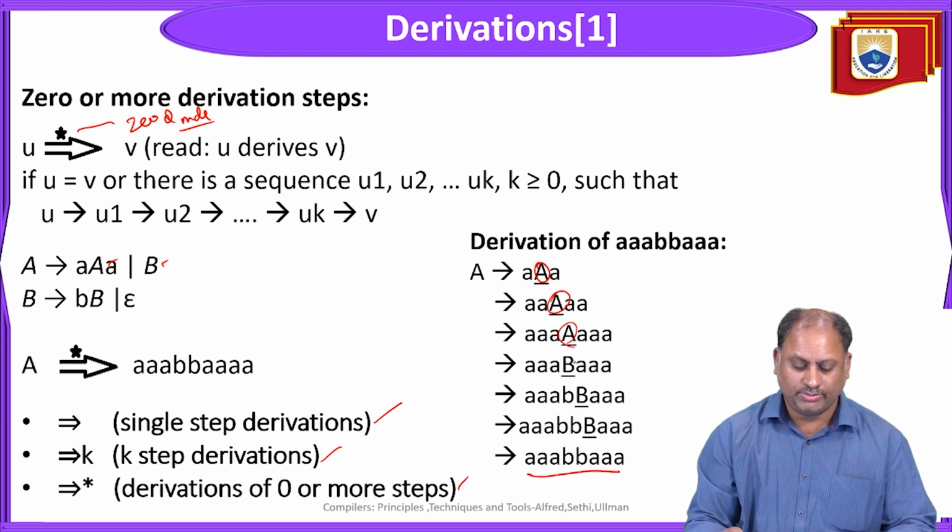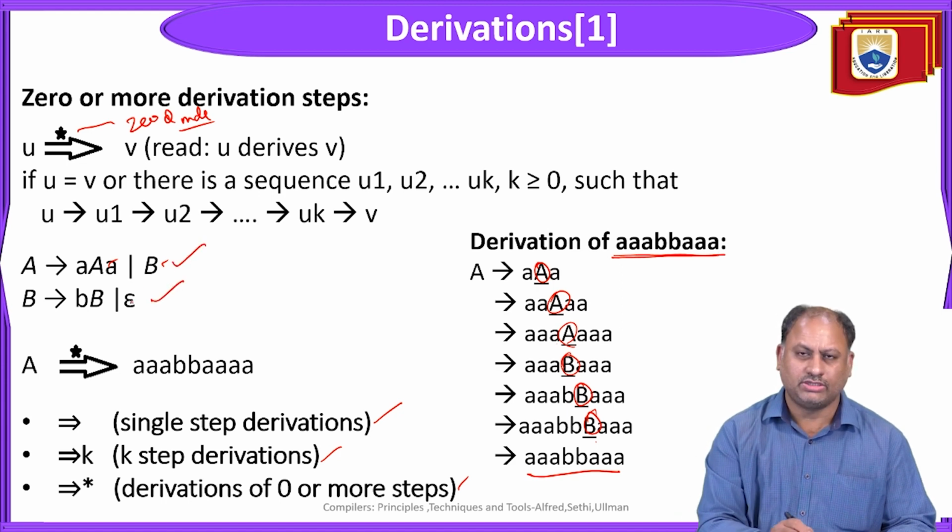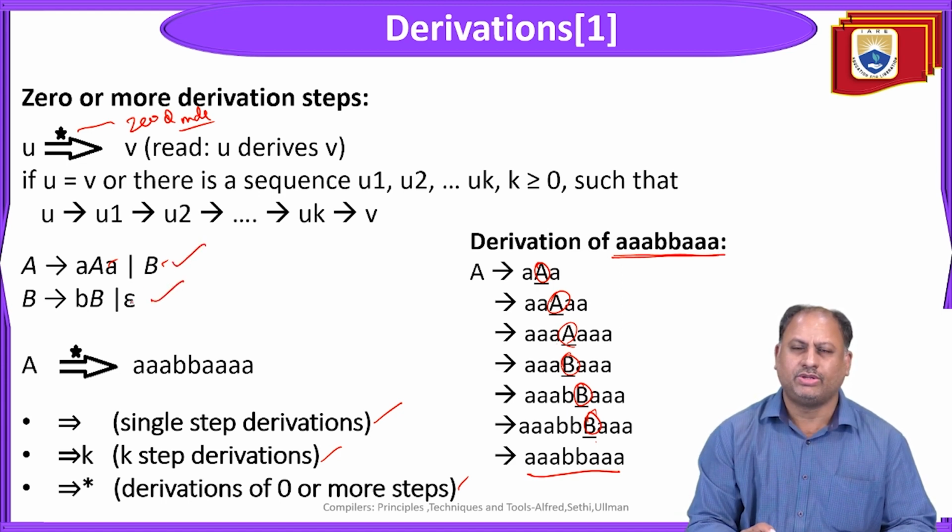Then we can apply either B, capital B, this one. So capital B, and then capital B derives small b, capital B, once again small b, capital B, and then B derives epsilon. Here B derives epsilon, we are getting 3 a's and 2 b's, and so this is the string that is derived from the given set of rules, the given productions.